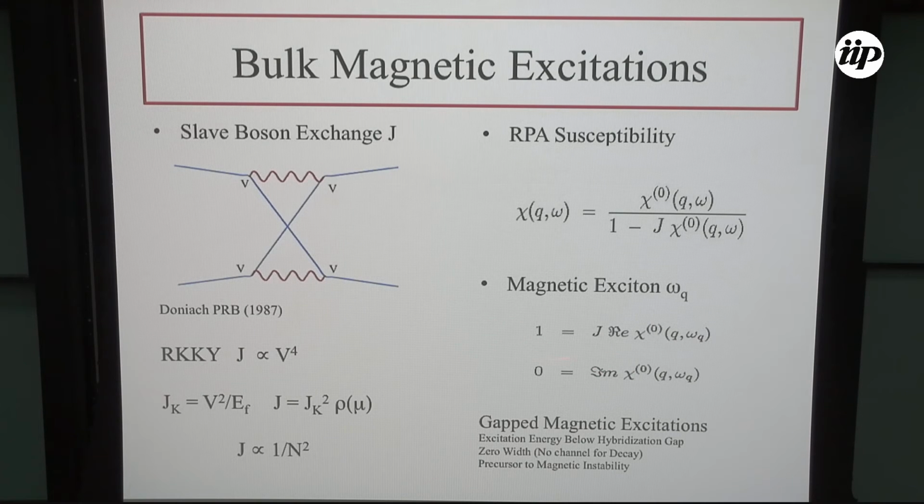But if you're very close to a quantum critical point, you may be able to satisfy that the denominator goes to 0, in which case you would expect a delta function response. Usual magnetic instability would be at omega equals 0, but we're talking about small frequencies. So this would be an excitation below the gap of the spectrum, would have 0 width, basically because there's no channel for this magnetic object to decay into electron-hole pairs, and as I mentioned before, it's a precursor to a magnetic instability.